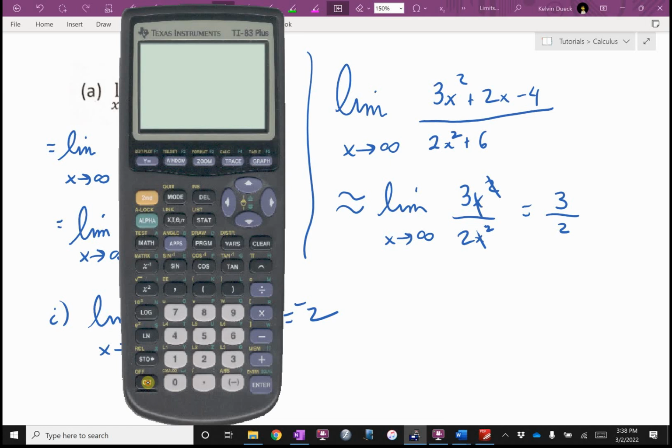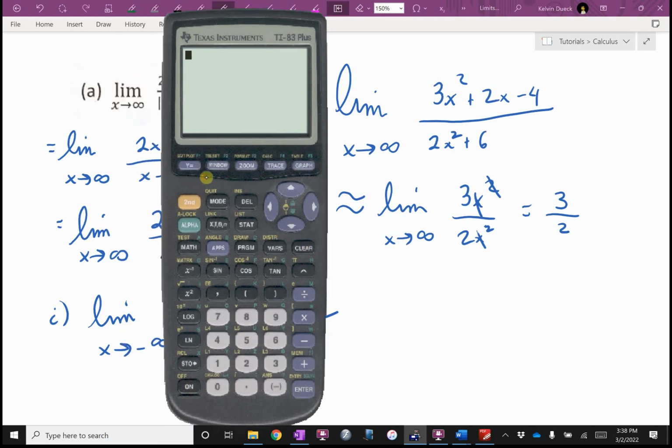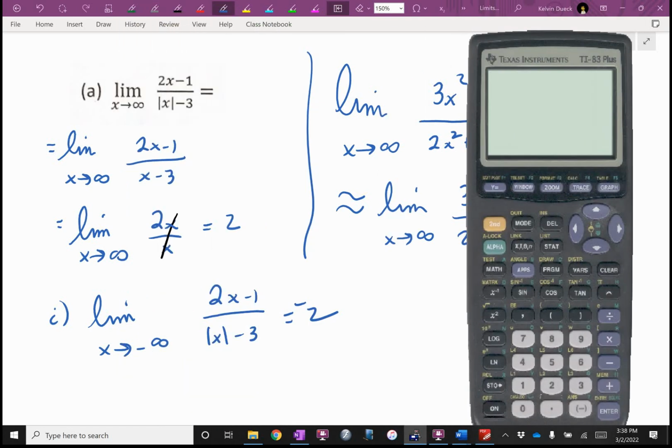I would have really quickly gone, hey, what do I use for negative infinity? Minus 1,000,000. I would have quickly gone bracket 2 times minus 10 to the 6th divided by 10 to the 6th. And I would have said, oh, hang on, I typed that wrong. 2 times minus 10 to the 6th divided by 10 to the 6th.